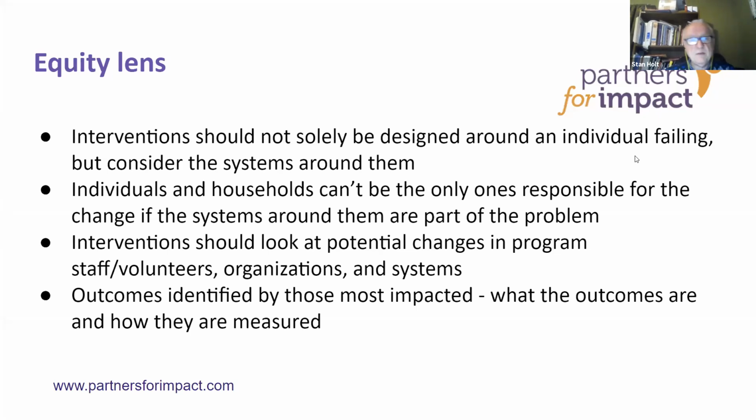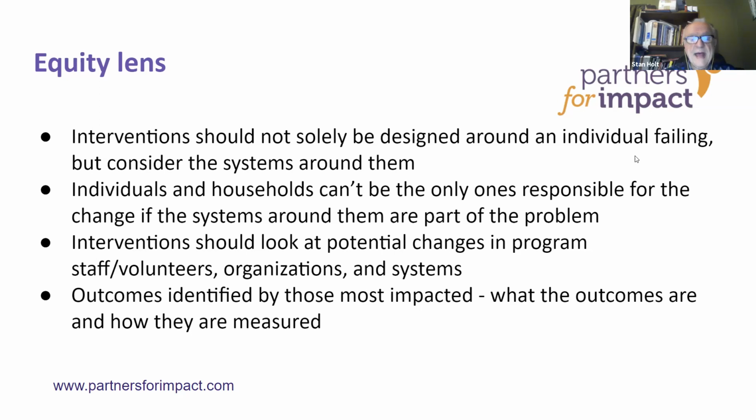And we've got more things that we're really paying attention to, too. Interventions should not be designed around individual failing; we have to consider the system around them. That's what I was talking about with the poverty simulation. When we design an intervention, say around homeless families, we need to understand the system that's at play in addition to what the individual families are experiencing.